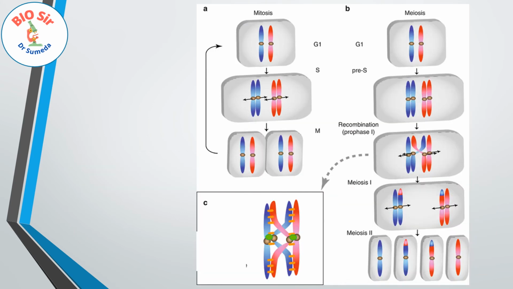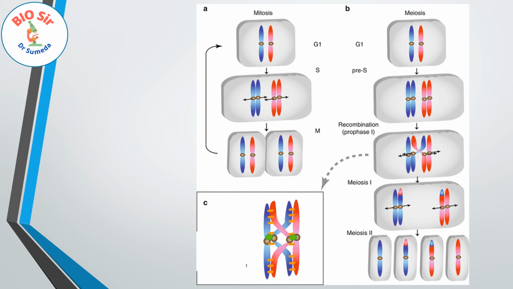This is the representation of mitosis and meiosis. We can compare the two, with meiosis in figure part A. In the S phase, there's a replication of DNA, and in meiosis you have 2 cell divisions.